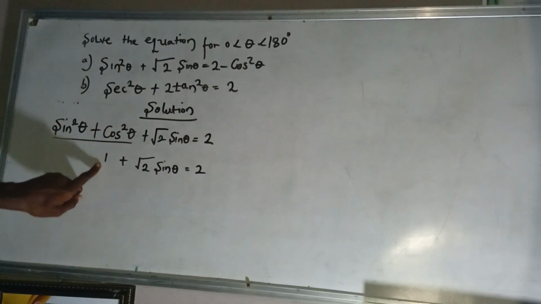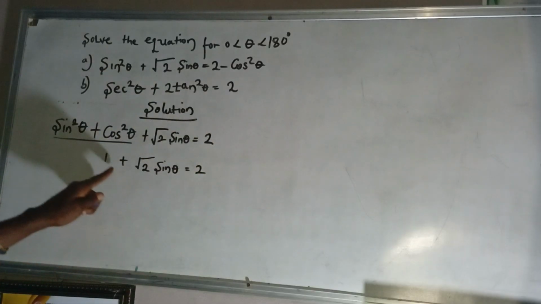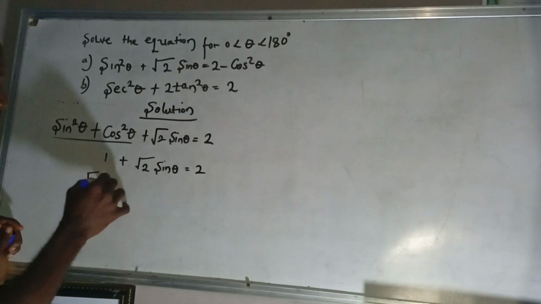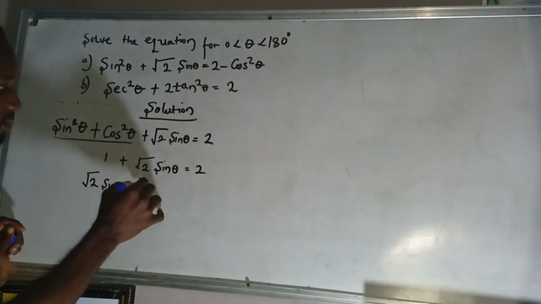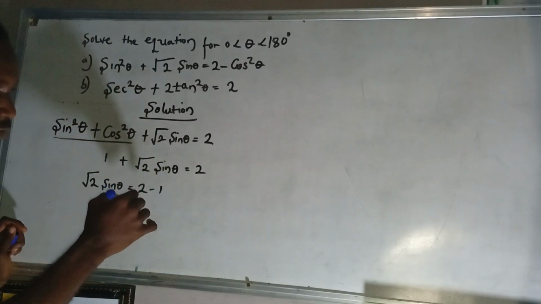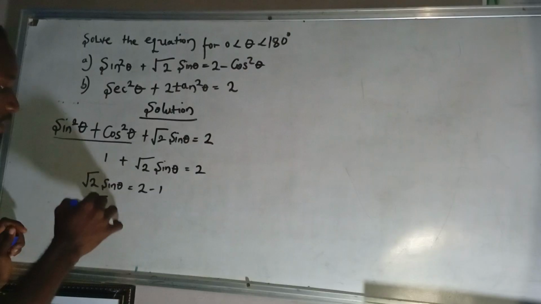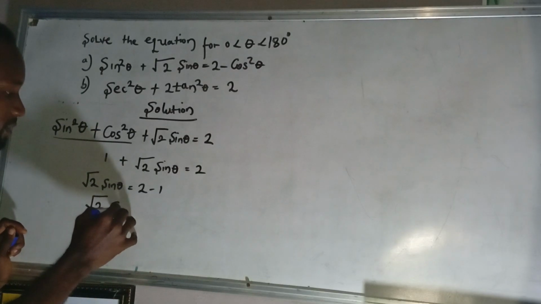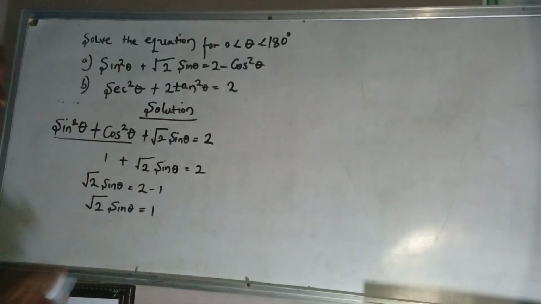If we take this to this side, it changes from positive to negative. So the square root of 2 sine theta is equal to 2 minus 1. 2 minus 1 is 1. That means that the square root of 2 sine theta is equal to 1. Very simple.